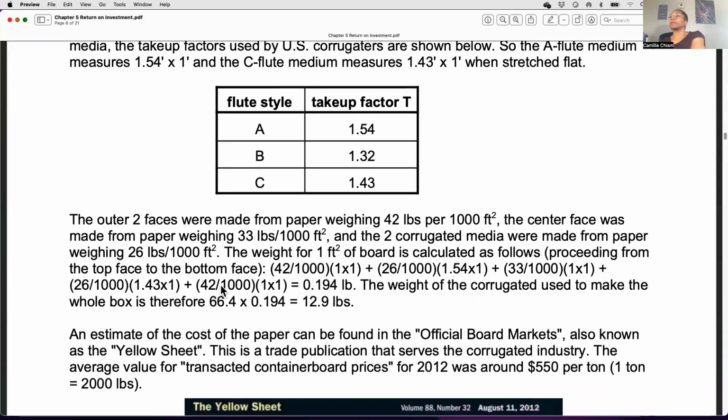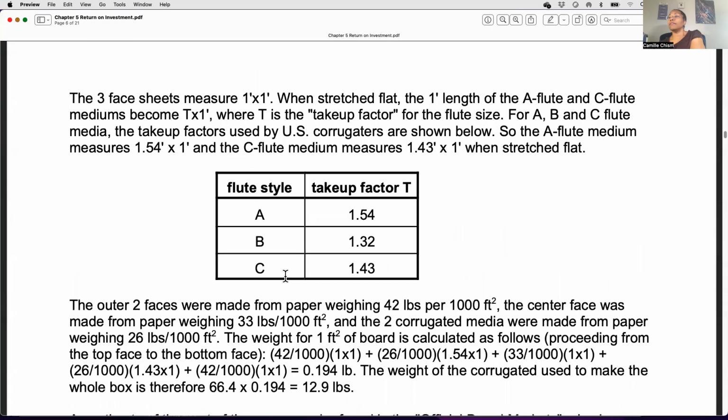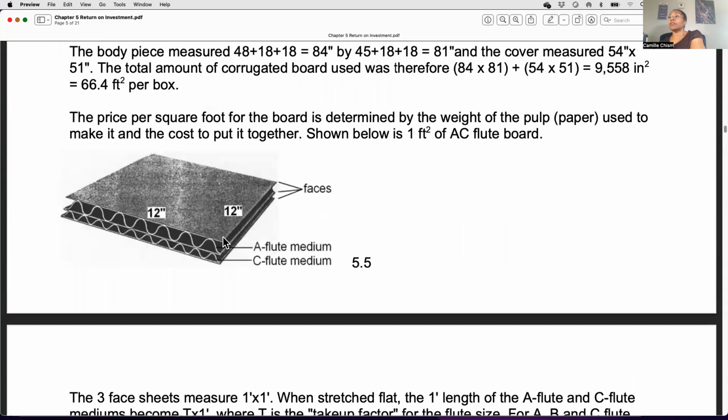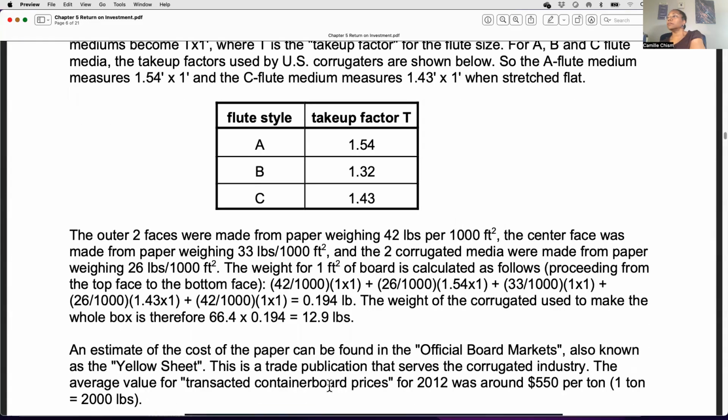And so for the weight for the 1 foot of board, this is how you would calculate it. You take the 42, which is the two outer layers, right? The top and the bottom. And you will divide it by 1,000 because you know that it's 42 pounds per, anywhere you see that per, you divide it by the 1,000 square feet, right?